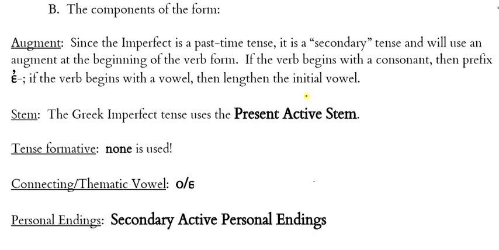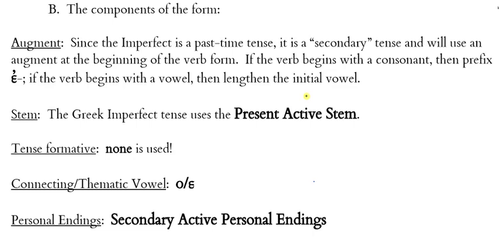The next thing is the stem. Again, we're using the present active stem if we're dealing with the imperfect active indicative. Tense formatives, there are none. No tense formatives in the imperfect. Yay, right? Connecting vowel or theme vowel, thematic vowel, the same ones you know and love, omicron and epsilon. Same rules apply here.